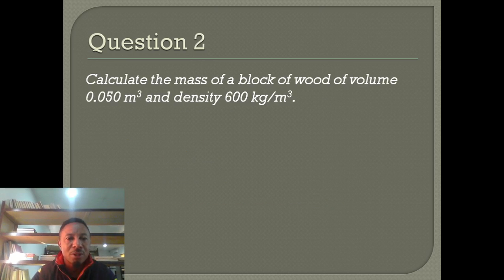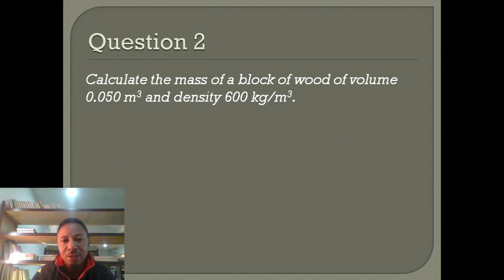Now the third one, another question: calculate the mass of a block of wood of volume 0.05 meter cube and a given density. In this case, we have to look for mass. Now remember how to put your formula in a triangle. The formula is density equals mass over volume. So you create a triangle and put the mass at the top, density and volume below.